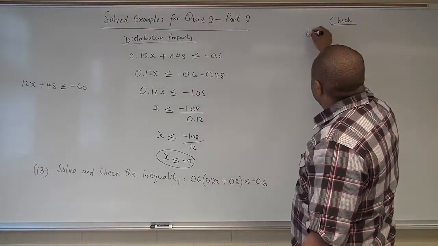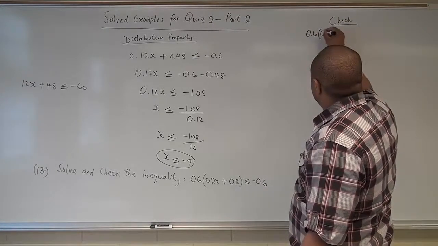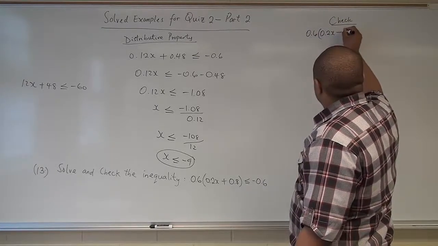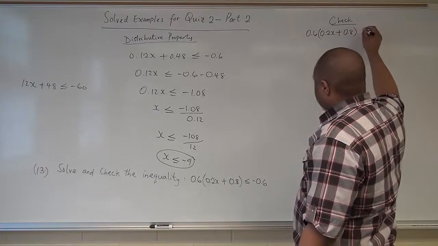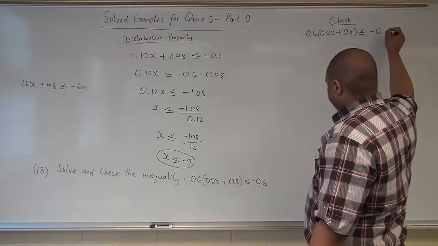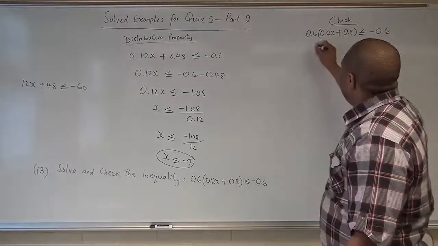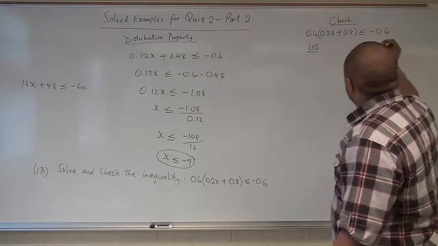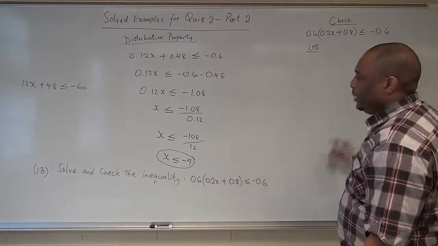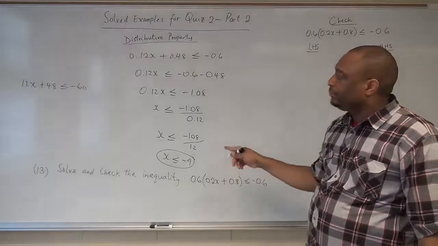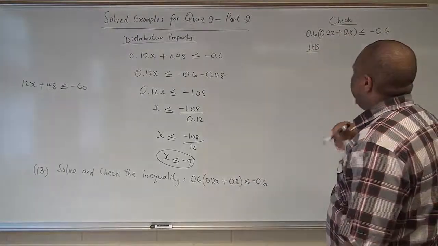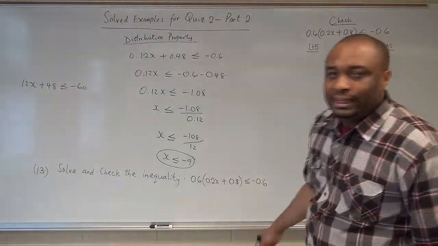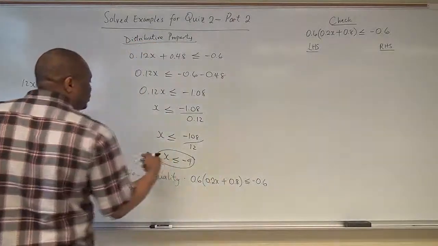We write the main problem: 0.6 times 0.2x plus 0.8 less than or equal to negative 0.6. We have our left hand side, right hand side. Now we didn't graph this, right? Let's graph it so we know what to pick as x. X is less than or equal to negative 9.